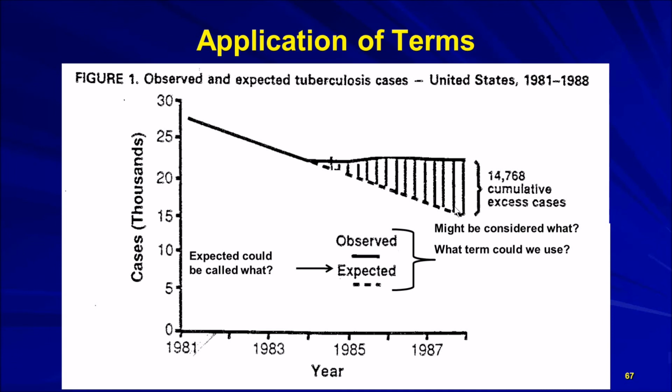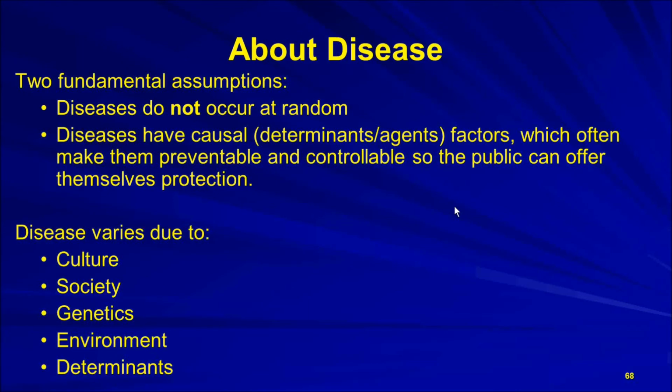But to be certain that we know what we're talking about, we have to have a confirmed diagnosis of the problem. And in each case, these would be diagnosed cases of tuberculosis. Otherwise, we don't really know what disease we're dealing with, and we don't know what conclusions to draw.